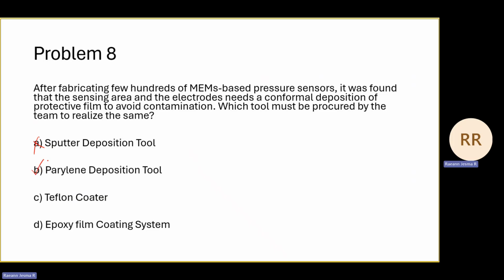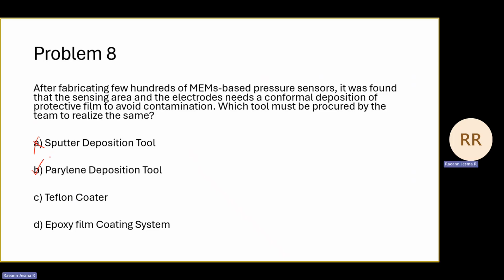Parylene can be coated by using a special apparatus. It is a chemical vapor deposition technique. However, it grows in a way similar to atomic layer deposition. In Parylene coating, we have a solid material that gets converted to vapor, and that vapor gets deposited on the substrate.